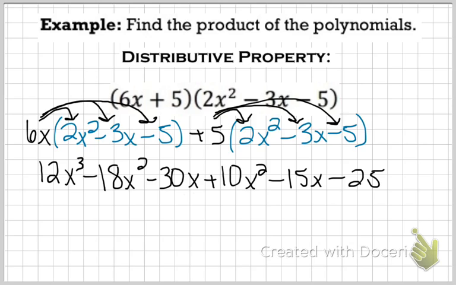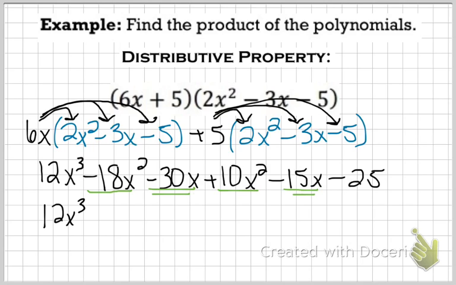The best thing to do is to have it in standard form with the like terms next to each other. So we look here, this is the highest degree, so we're going to start with the 12x cubed. Then we move on to the next set of like terms, which would be our x squared. Then we move on to the next set of like terms, which is the x term.